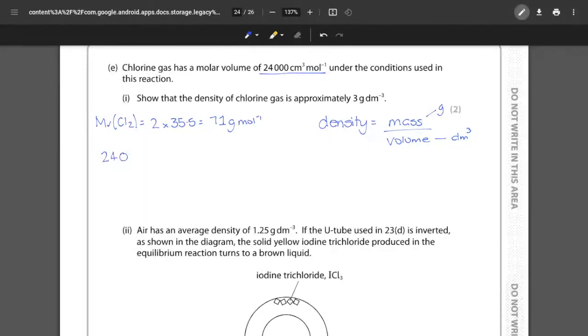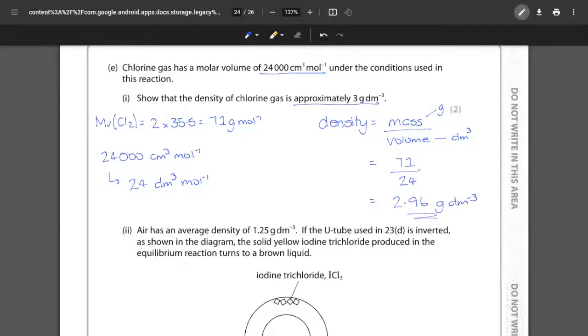Our molar volume is 24,000 centimetres cubed per mole, which when we put into decimetres is 24 decimetres cubed per mole. So now all we have to do is substitute those numbers in, which is 71 over 24, giving you an answer of 2.96 grams per decimetre cubed, which is approximately 3.